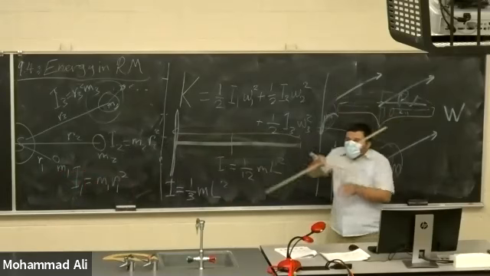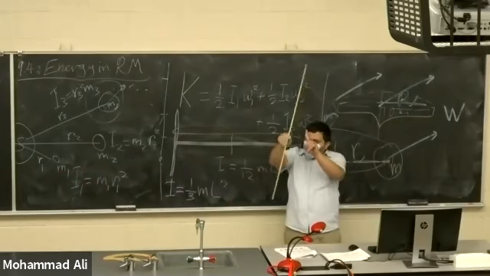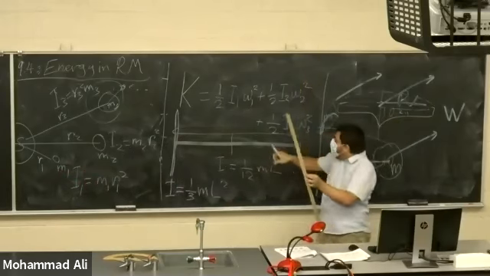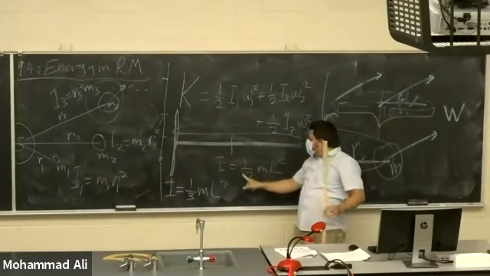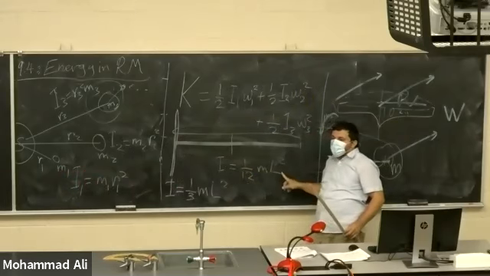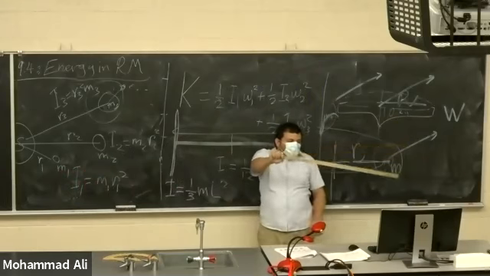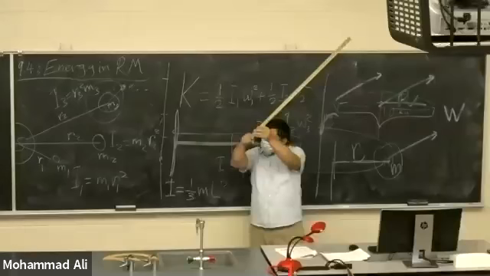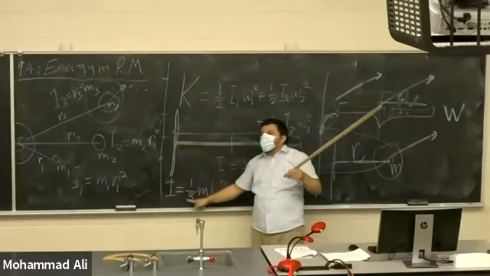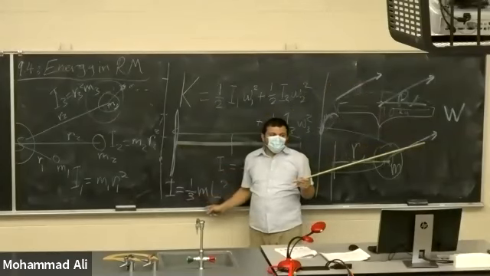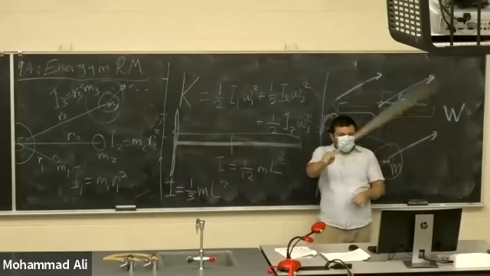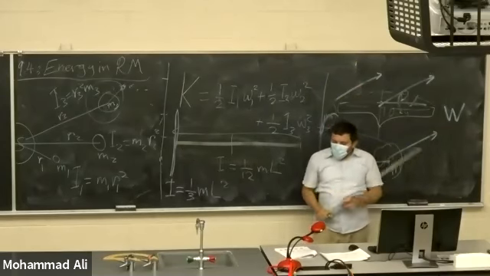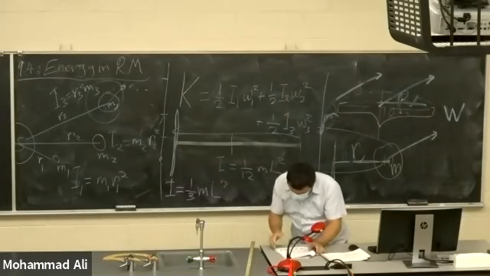The rotational effect of this mass around its center is 1/12 ml squared. The rotational effect of this mass around its edge is 1/3 ml squared. It's different. Okay?